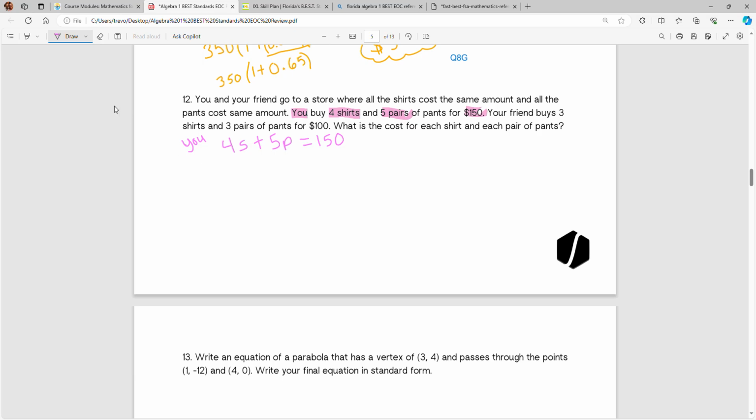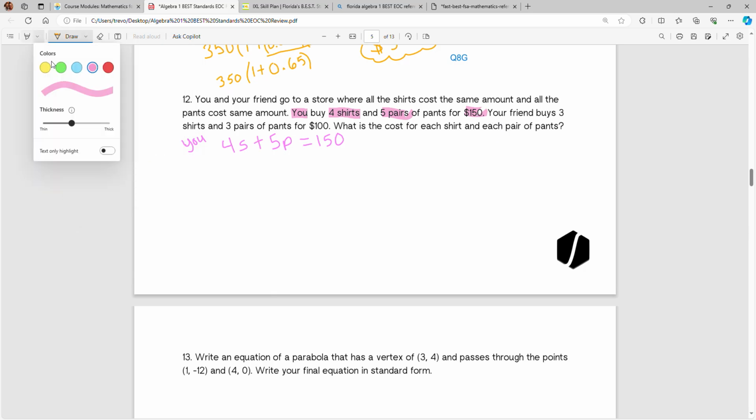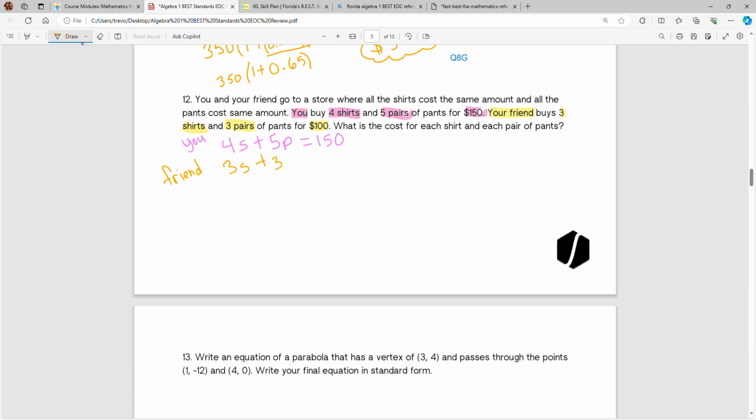And then your friend buys 3 shirts and 3 pants, and your friend's total is $100. So friend buys 3 shirts plus 3 pants and spends $100.